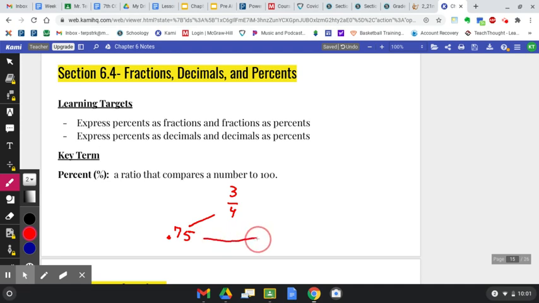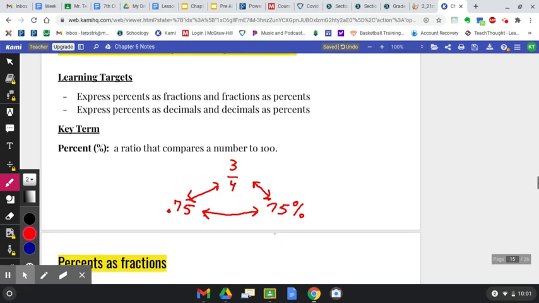And I can represent that as 75%. So these are all the same thing, just different ways to represent them. I can represent it as a fraction, a decimal, or a percent.